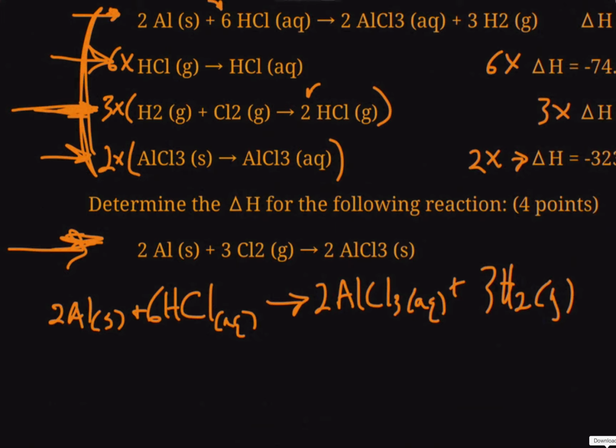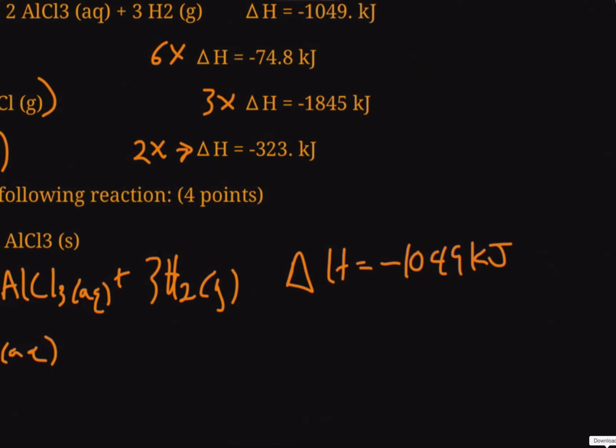So for the second equation, I'm going to end up with 6 hydrogen chloride gas becomes 6 hydrochloric acid aqueous. And when I multiply the energy of that reaction times 6, I get negative 448.8 kilojoules.